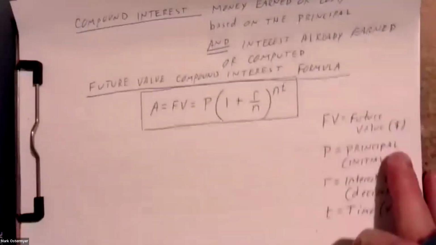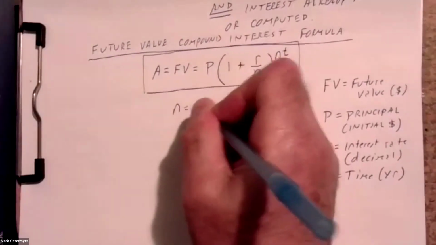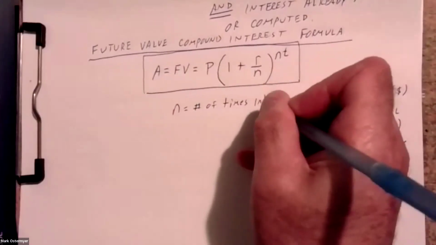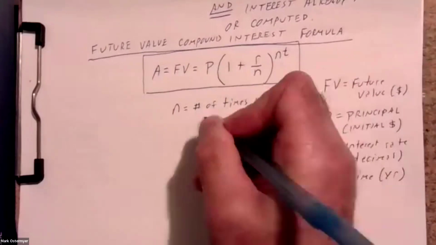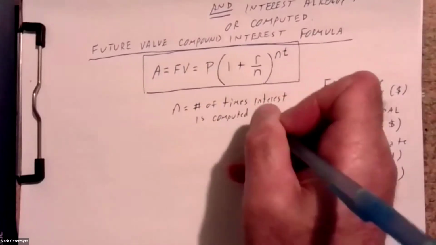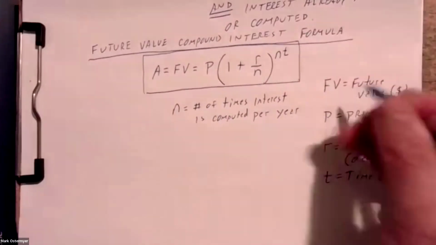N is equal to the number of times interest is computed per year, or per annum.